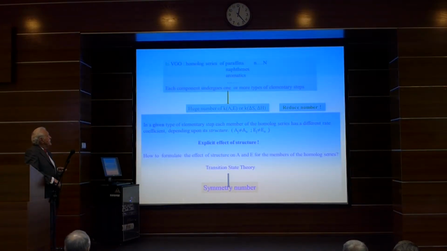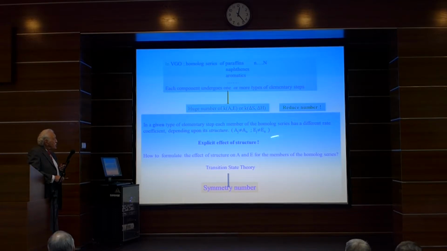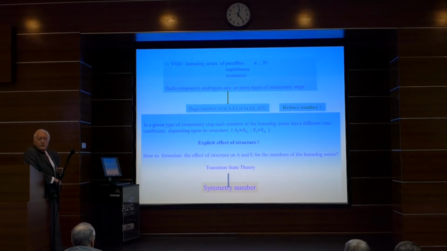Now, having done that, we will now get to the rate coefficient, and in that, for given elementary steps, I have to account for the effect of structure. How am I going to do that?